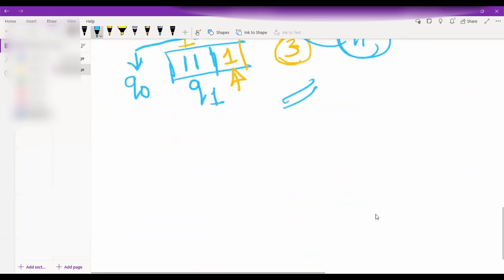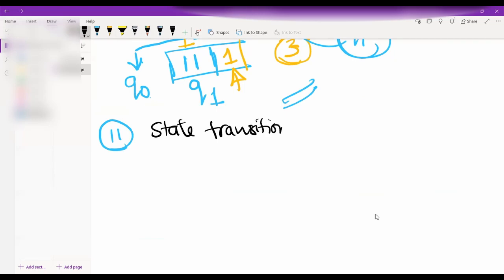Now the second step in the TCS method is to write the state transition table. So here we are going to write the state transition table. What is there in a state transition table? We have a rows and columns method.